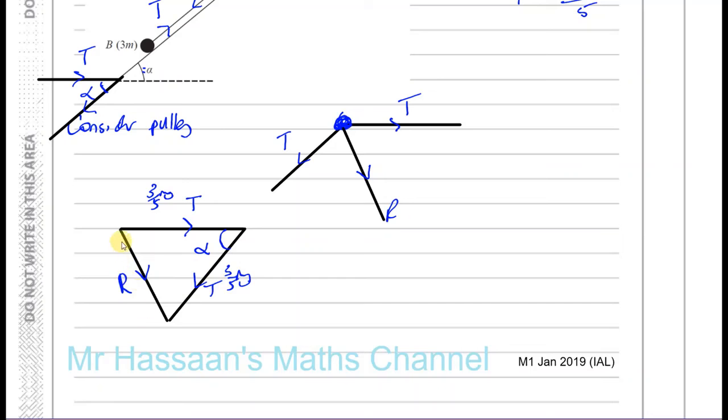If I want to find the resultant force, this is a non-right angle triangle, so I can use the cosine rule. R squared is equal to T squared plus T squared, these are the two sides, minus 2 times T times T times cosine of the angle between them, cosine alpha.